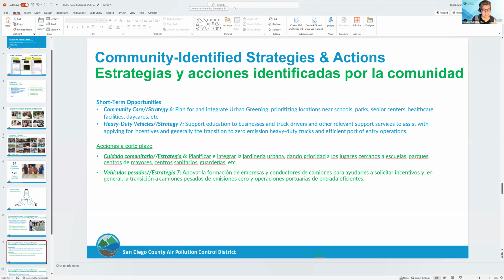Okay, so this one is around short-term opportunities. The first is a plan to integrate urban greening and prioritize locations near schools, parks, senior centers, healthcare facilities, daycares, etc. I put this as a potential priority to focus on right now for two main reasons. One is that right now the city of San Diego is looking to plant trees throughout the city in what they call communities of concern, and San Isidro actually qualifies as one of the areas they are to plant trees.